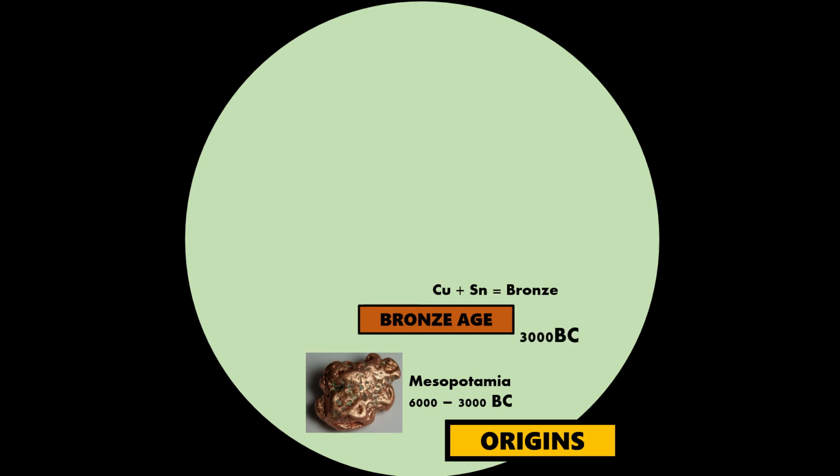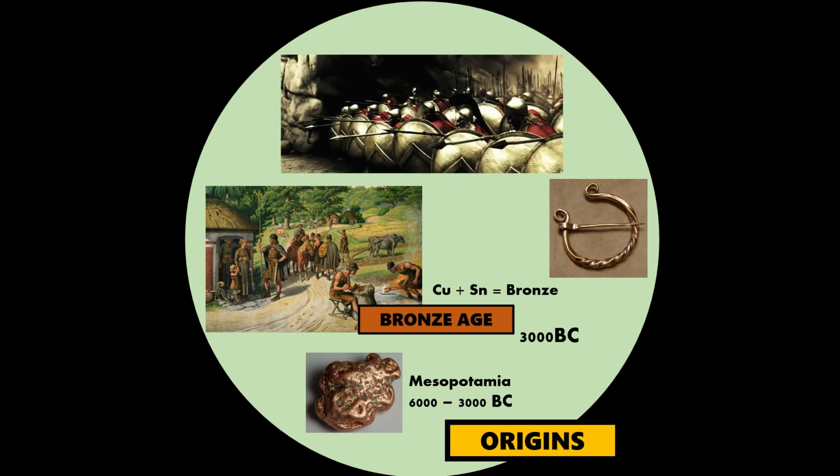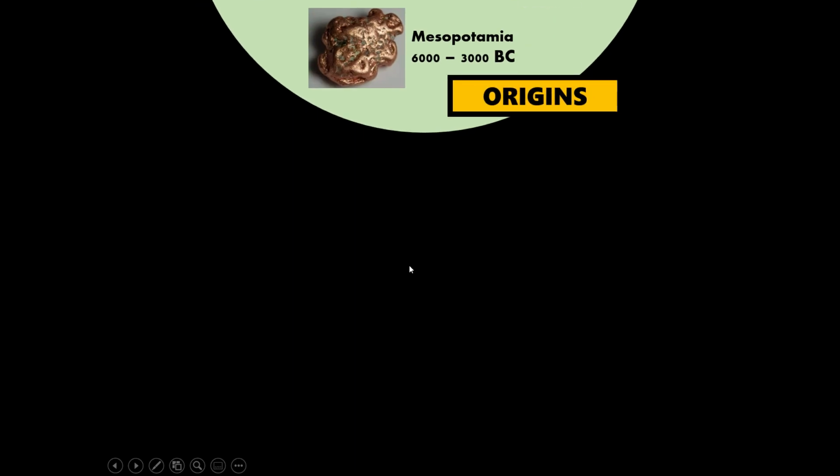So they discovered it back around 3000 BC. That's when they began crafting metals or bronze for many other purposes. That's why it's called the Bronze Age. So yeah, Spartans back then. So that's where we started using alloys.